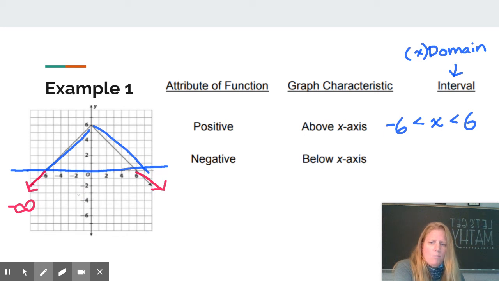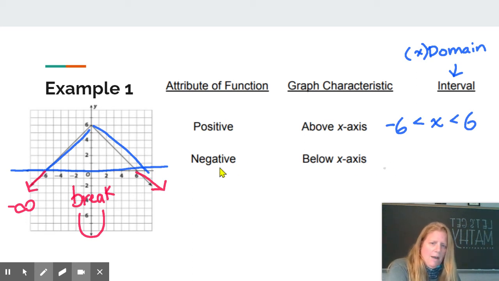When you have a break in your domain, when you are answering any kind of question like this, you're going to use the union symbol. All that means is that it's including two sets of intervals in a sense.